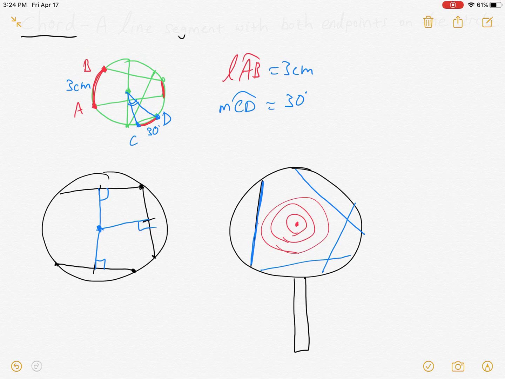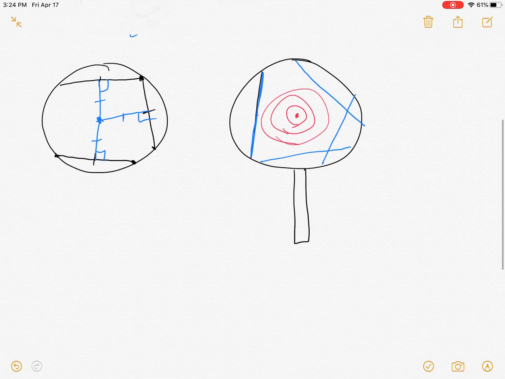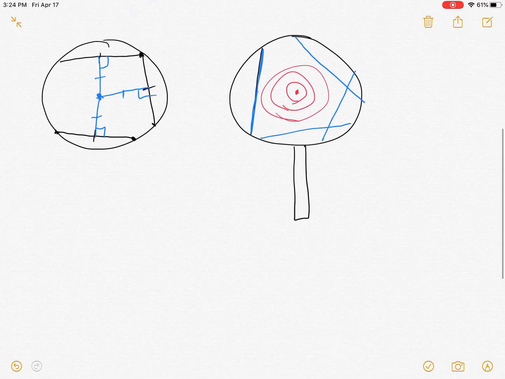So if you want to say how far am I from a tree, you'd want to measure straight to the tree, not from you to the top of the tree or something, probably straight along the ground. So in this case, we're saying these are all the same too. So that's our first big idea. Congruent chords are equidistant to the center.